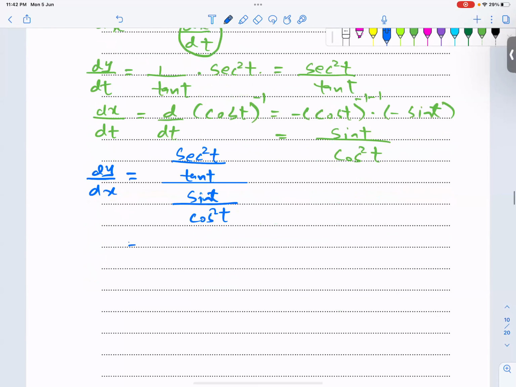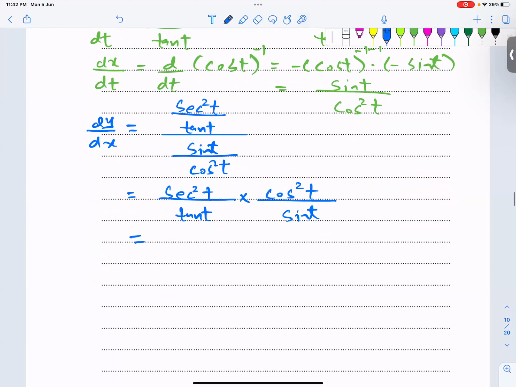We can write this expression as secant squared t divided by tangent of t, into cos squared t over sine t. As you know, secant squared is also 1 over cos squared t. So we can write that first and then we will cancel it. These all are multiplying.